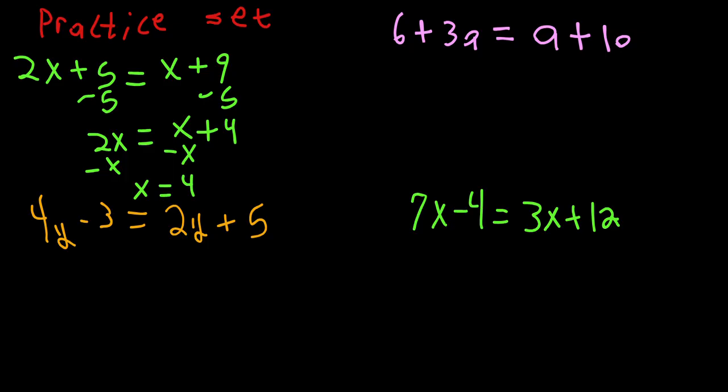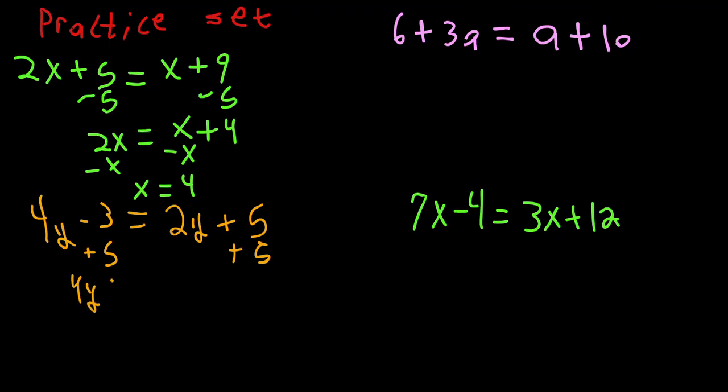We will move down to orange. 4y minus 3 equals 2y plus 5. Let's go ahead and add 5 to both sides. Let's go ahead and leave it like that.